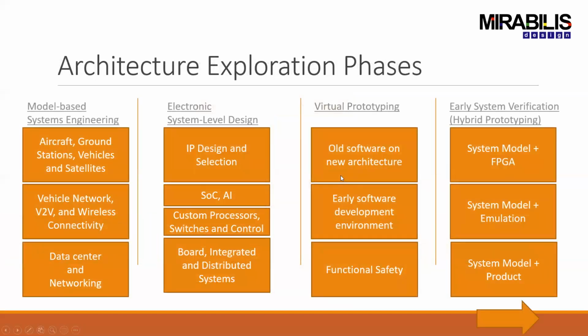Now, just like you saw the environment and you saw the different phases, architecture exploration is split into 4 parts. Model-based systems engineering, what they call ESL for most semiconductor, virtual prototyping, which is combining your hardware, software, and evaluating different attributes like functional safety as an example.